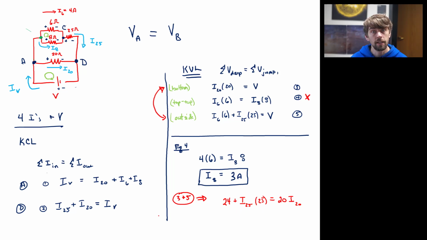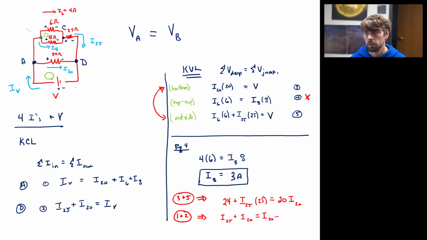The second thing that I'm going to look at is equations 1 and 2. And in equations 1 and 2, I notice that I can substitute to get rid of the current flowing through the battery. Well, what does that mean? I get I25 plus I20 equals I20. And I know the currents for 6 and 8 now.